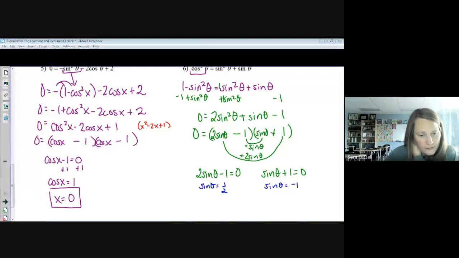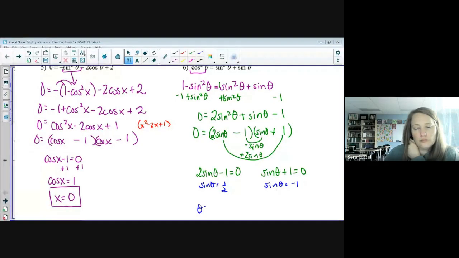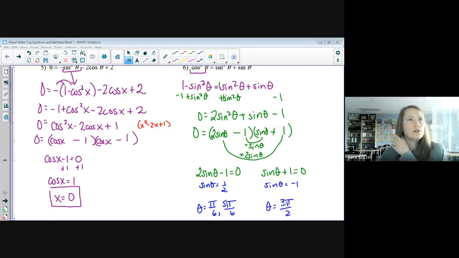So let's see. Go back to my unit circle. Sine is a half at pi over 6 and 5 pi over 6. And it is -1 at 3 pi over 2, if you're using your unit circle.